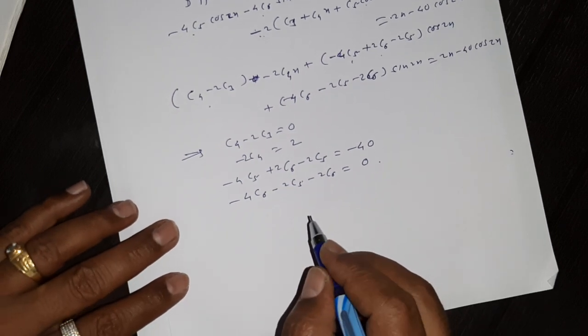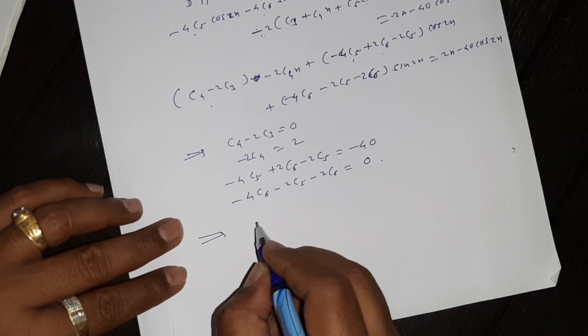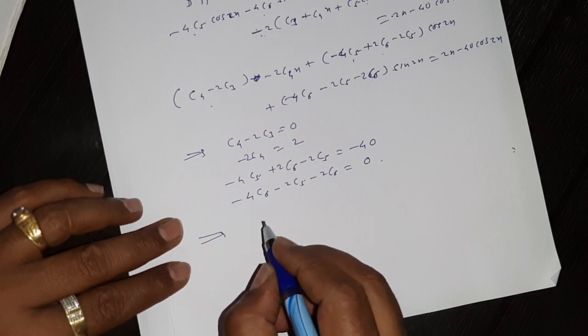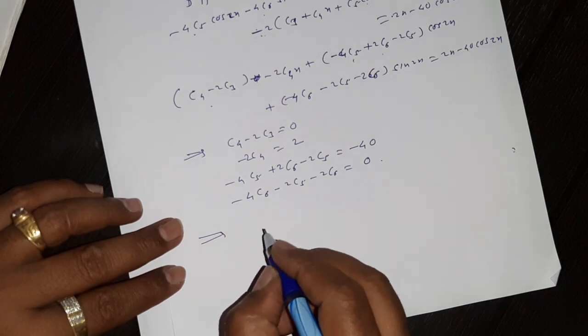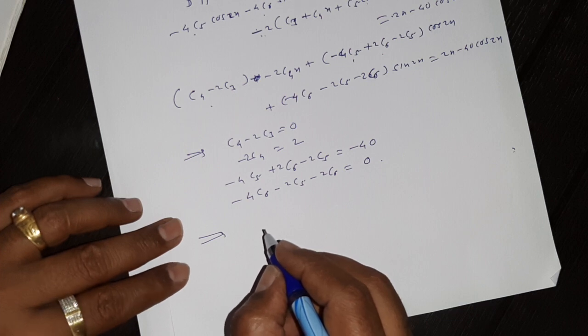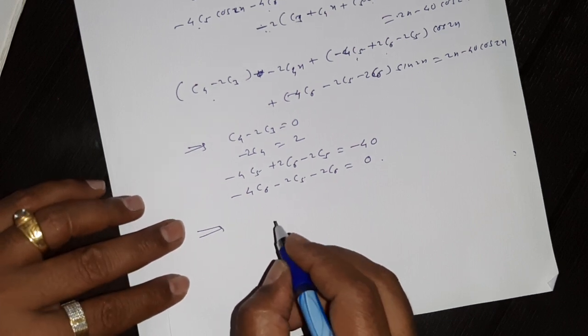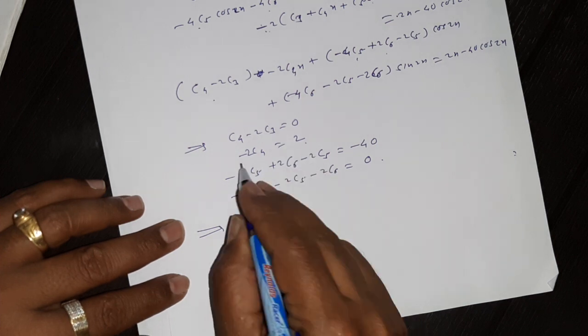So after solving these 4 equations, we have the values of c3, c4, c5, c6, and those values are: the value of c4 is minus 1 from this equation.